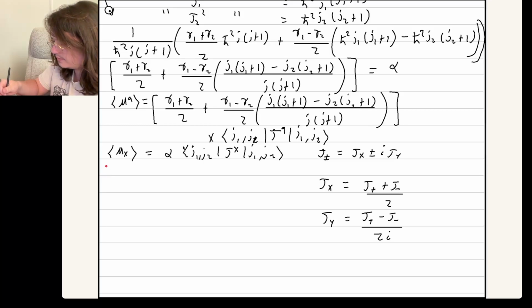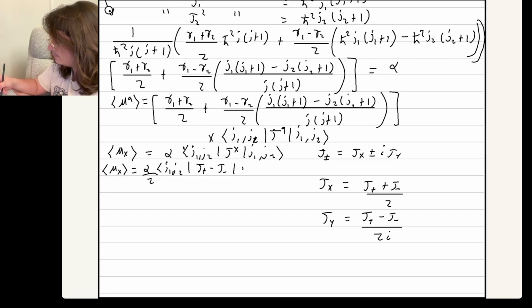We can look at the expectation value of x, which will be alpha J1, J2, J plus plus J minus, with a factor of 2 out here, J1, J2.